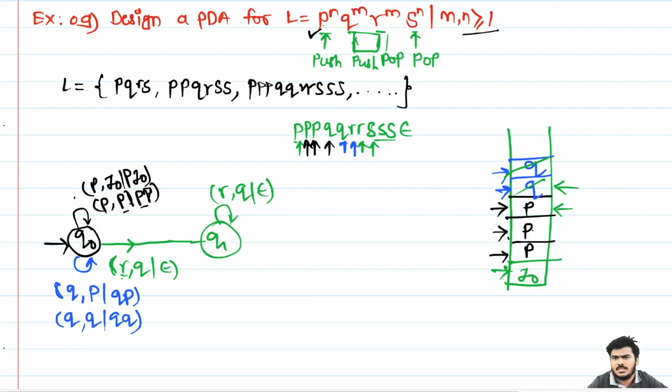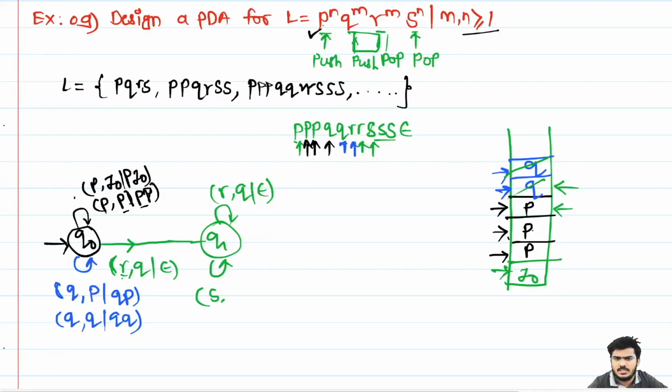So when S is the input and the top of the stack is P, then also we have to pop. We will stay in the particular state only, because this will not create any problem, because for popping P we definitely need an S only.